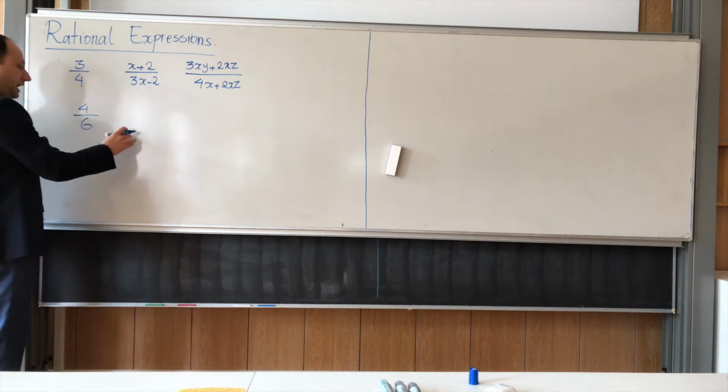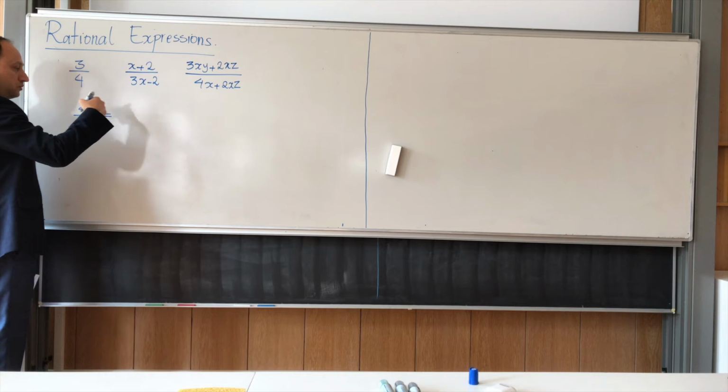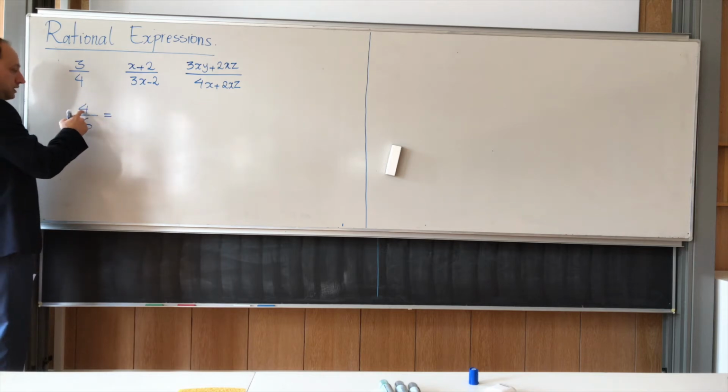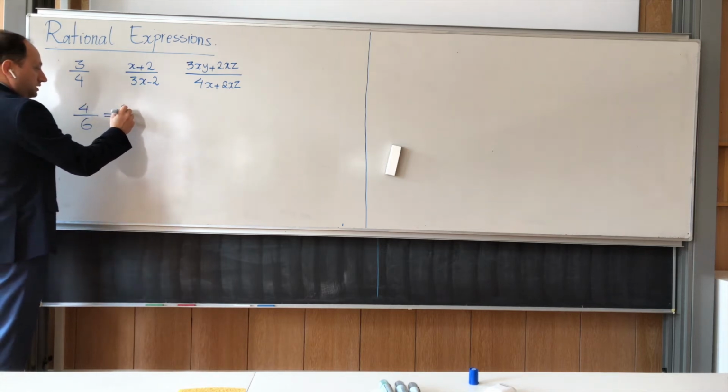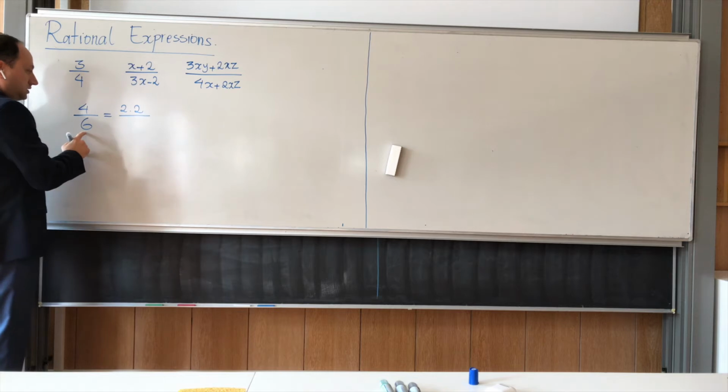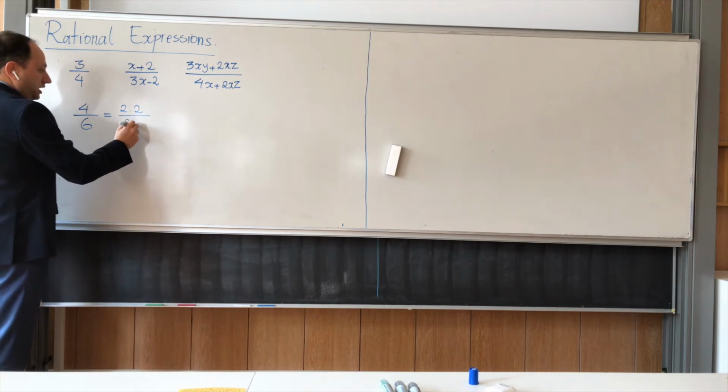But if you go back and look at the process that your brain has done, it is in this way. 4 can be written as 2 times 2, and 6 can be written as 2 times 3.